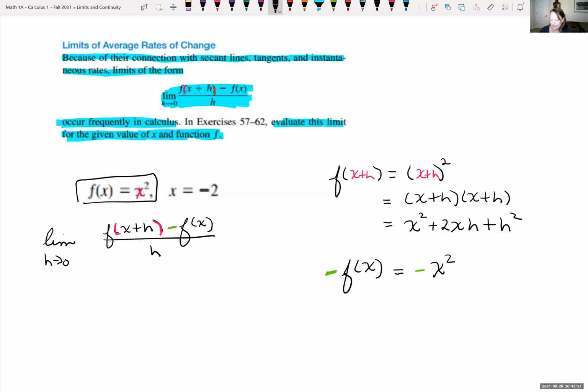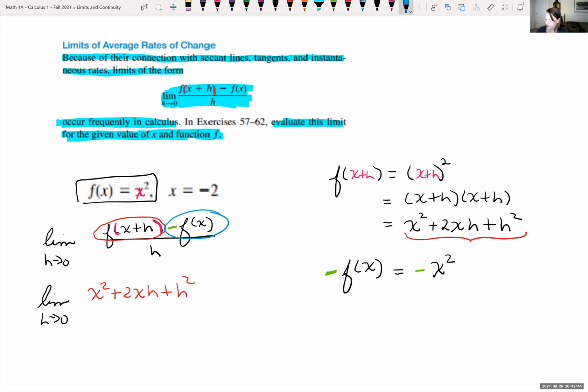So let's go back and plug in what we just found for our numerator. So the limit as h approaches 0. We saw that this f of x plus h value is the same thing as x squared plus 2xh plus h squared. And then we saw that minus f of x, so that's minus x squared.